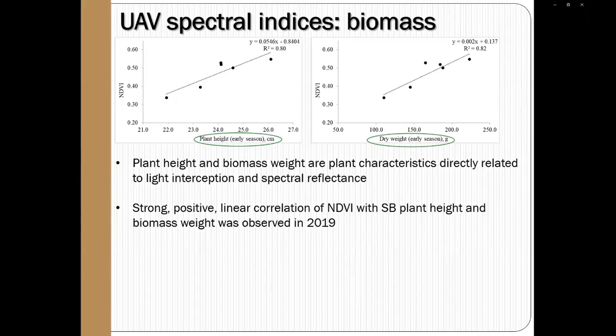Previous work has shown that plant height and biomass weight are plant characteristics directly related to light interception as well as spectral reflectance. So in our trial, a strong positive linear correlation of NDVI with sugar beet plant height and biomass weight was observed in 2019.